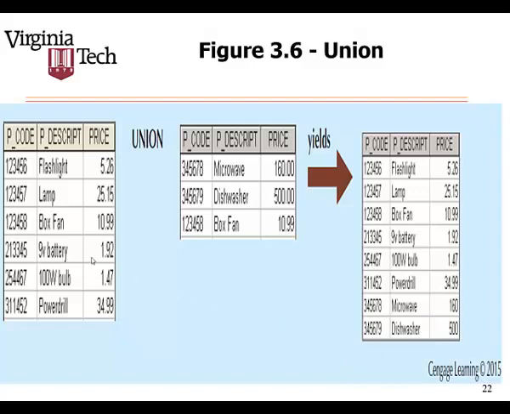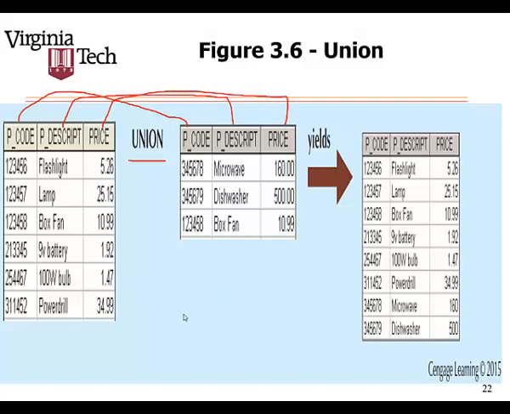Well, union is different from select and project because it requires 2 tables. And the tables have to be what's called union compatible, which means their data types have to be the same.